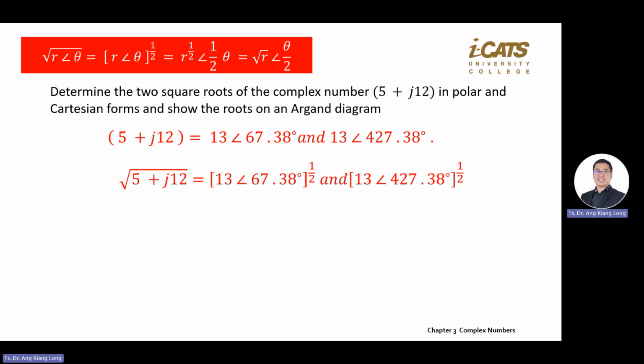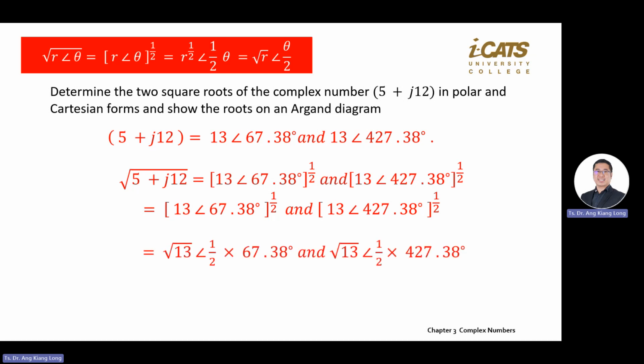We know that if we need to find the two square roots, our complex number has two angles: one is 67 degrees and the other is 427 degrees. Then we square root it. This just means you are trying to take the square root of the thing.